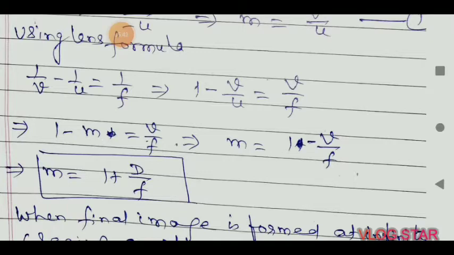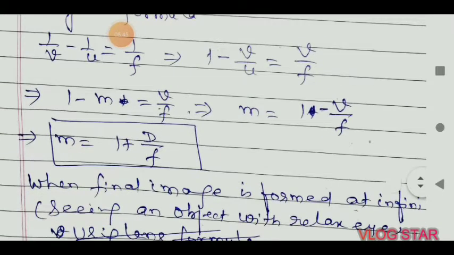So magnification will be 1 plus D by F. So you can say that when we want to form the image at the least distance of distinct vision, then the magnification produced will be 1 plus D by F. You know the value of D, that is 25 centimeters.